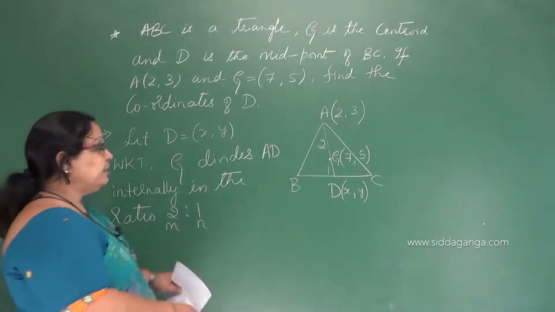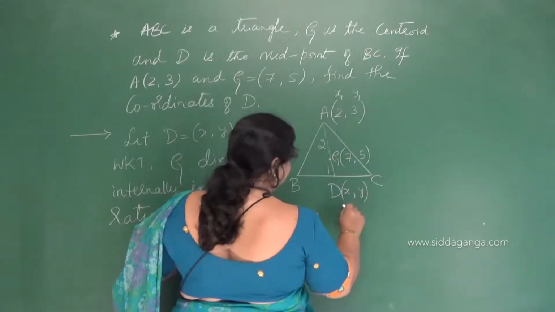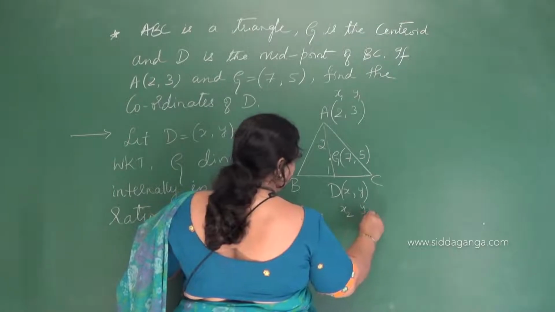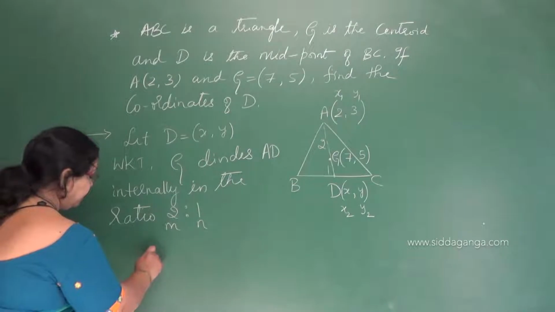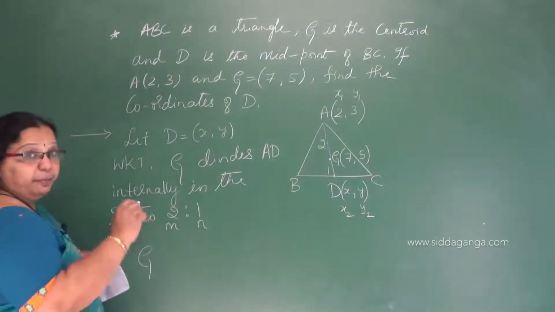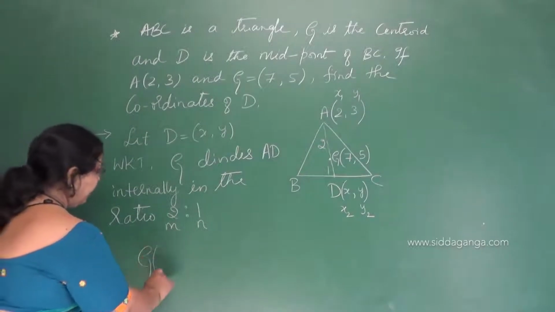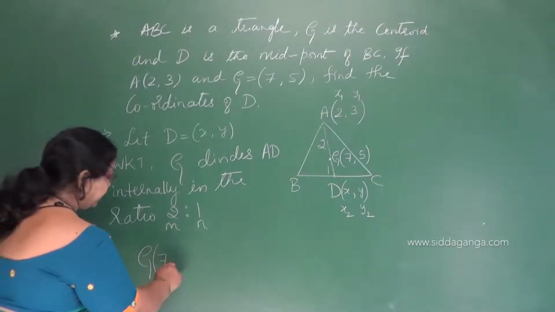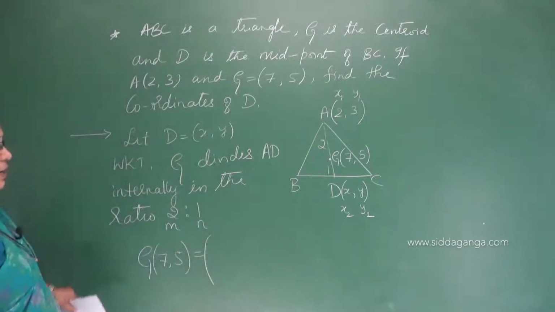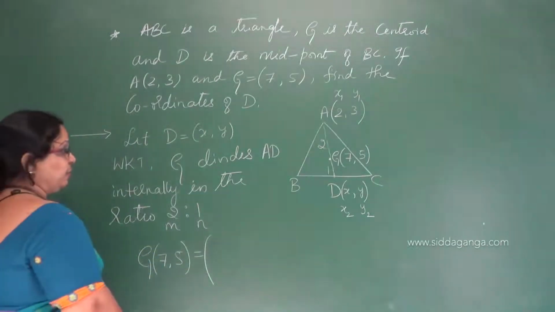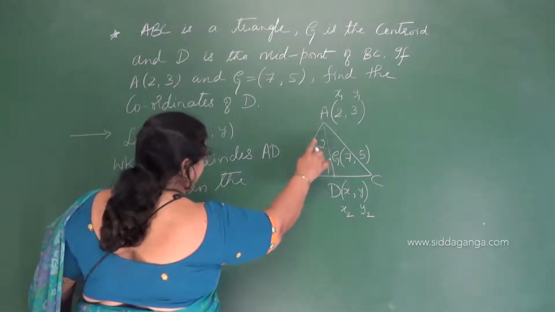Take x1, y1 as A and x2, y2 as D. By the internal division formula, the coordinates of G should come on the left side. m into x2: x2 is x, m is 2.